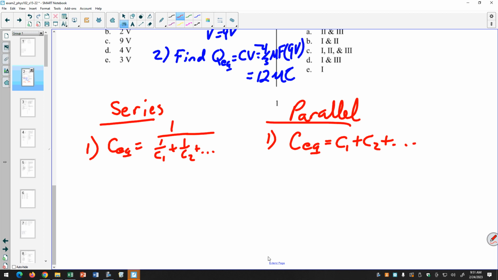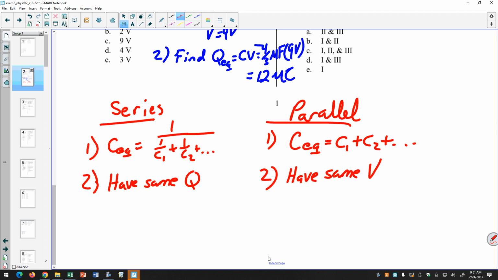The second, I'm getting these out of order. That doesn't matter, I guess. The second is that capacitors in series have the same charge. Capacitors in parallel have the same voltage. 3 is that V is equal to V1 plus V2 plus however many capacitors we have.